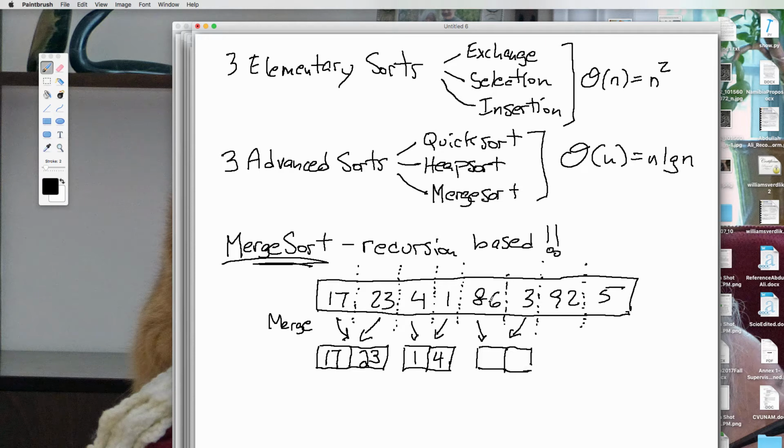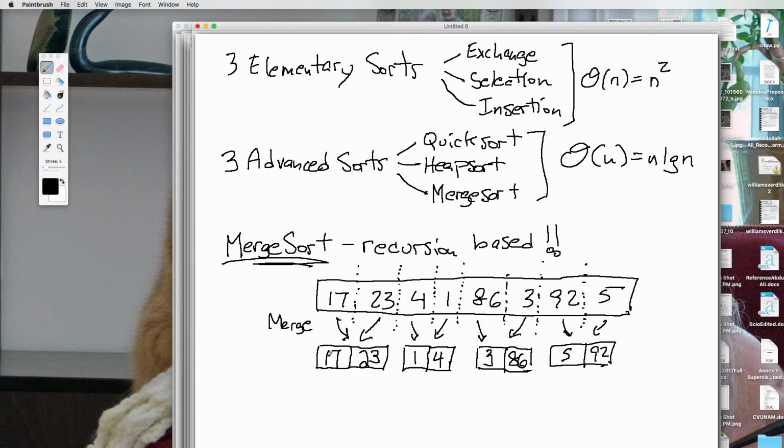When I merge these two sorted arrays into one bigger sorted array, I'm going to put the 3 here and the 86 here. Likewise, when I merge these together, I get a 5 there and a 92. So I did merge here once.